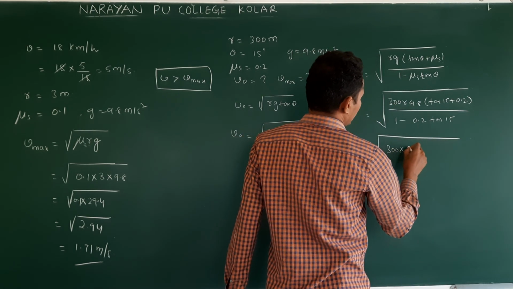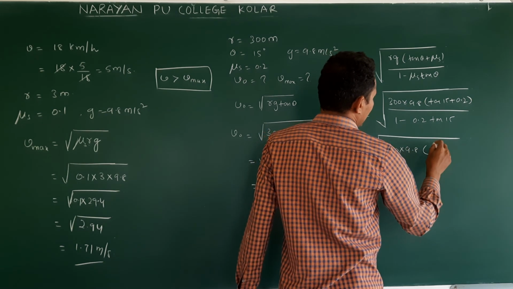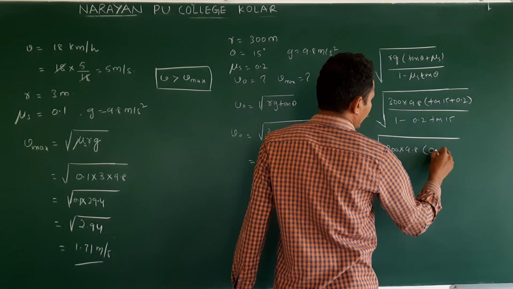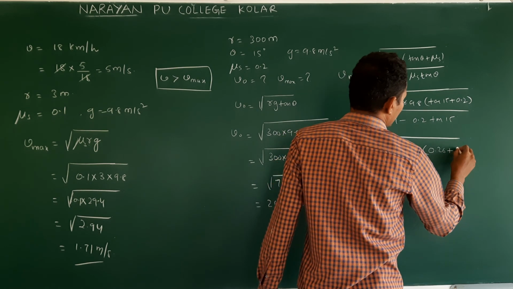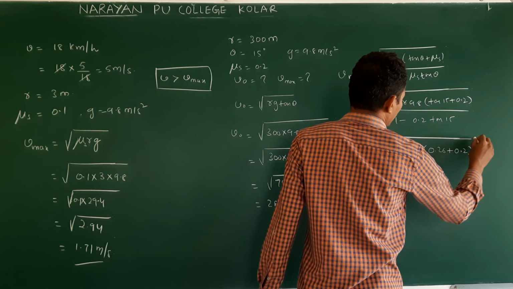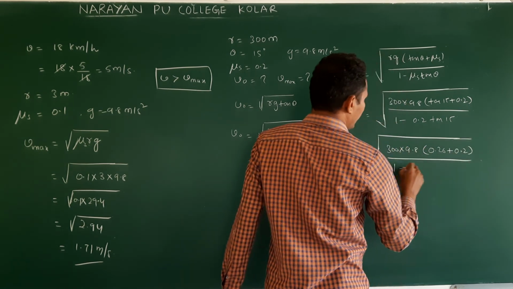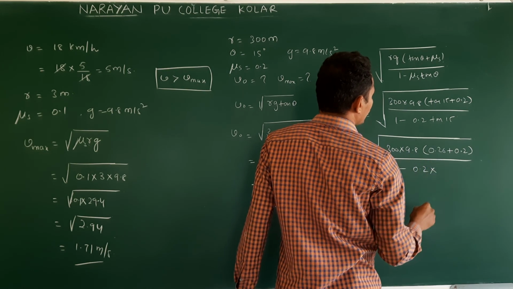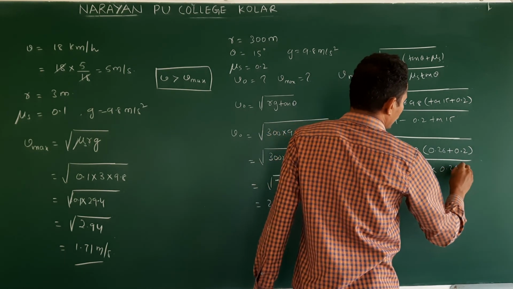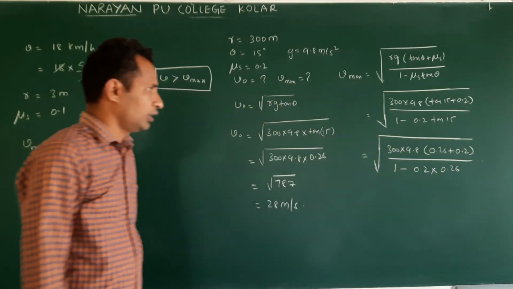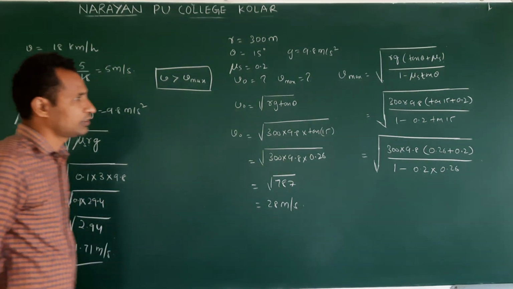Tan 15 we already have as 0.26, so it is 0.26 plus 0.2 by 1 minus 0.2 into 0.26. Simplify this first.